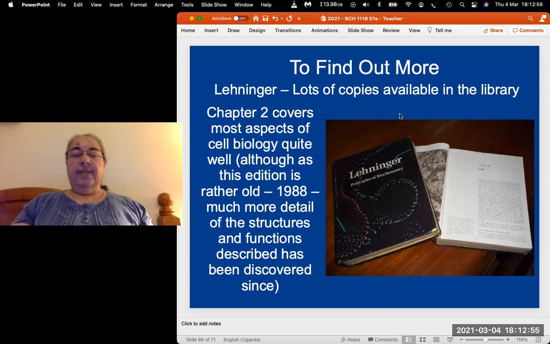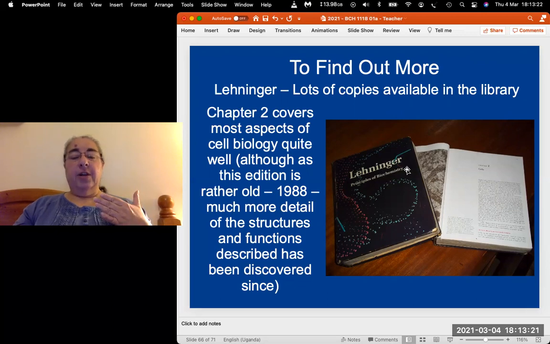Lehninger is the standard biochemistry book for the biochemistry course you're doing. Lehninger has been around for a long time. It's quite an old textbook, and it's been through a number of editions. The university library has a lot of physical copies of this edition, which is quite old, from 1988.